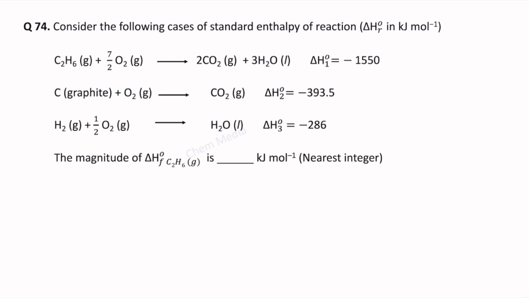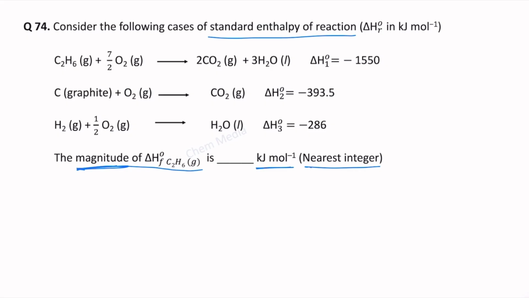Consider the following cases of standard enthalpy of reaction and figure out the magnitude of standard enthalpy of formation of C2H6 gas. We need to figure out the answer but write only the magnitude. So this means that if we have a negative sign then we should ignore it. And we have to find out the answer in kilojoules per mole, to the nearest integer.